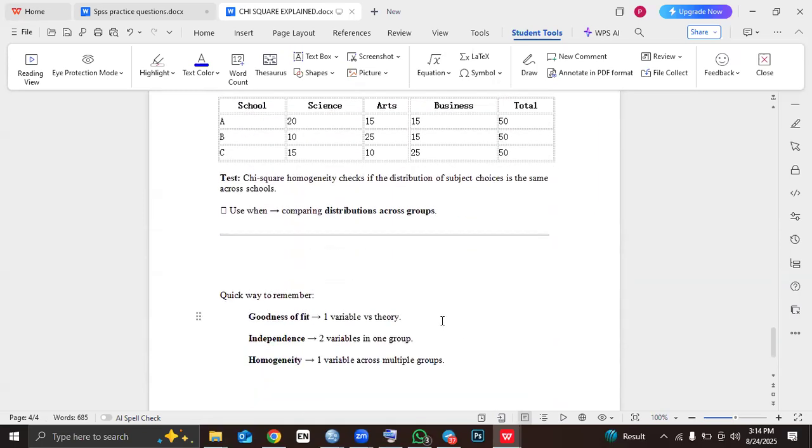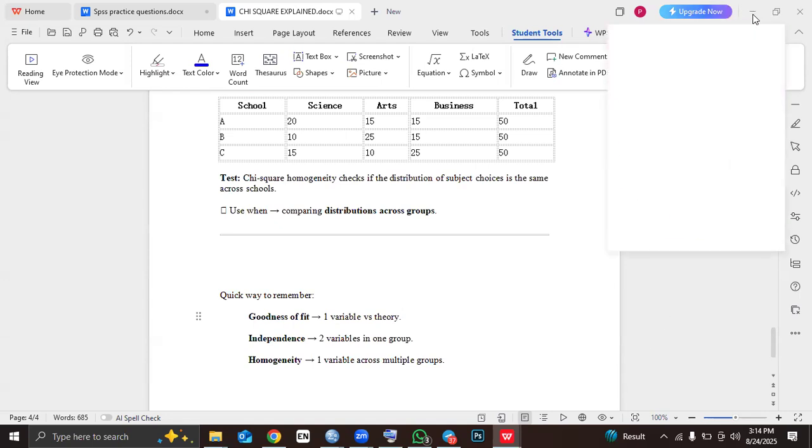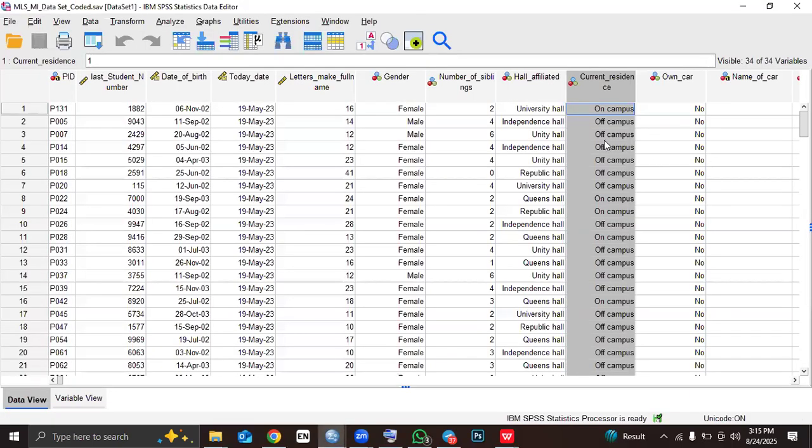Remember, we said to run our chi-square goodness of fit test, we have to run one variable with a theory. So the example we are going to be using in this video, we expect that the number of students in this particular study will be equally distributed in each of the halls of residence.